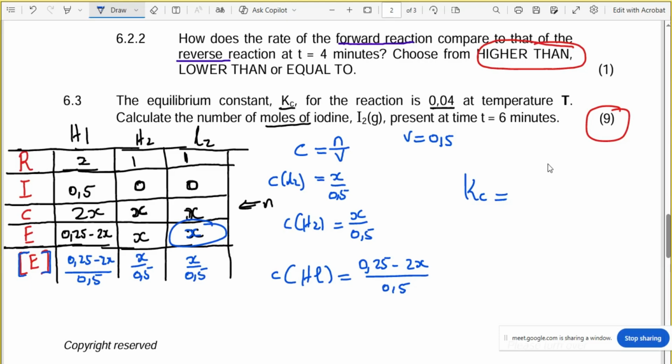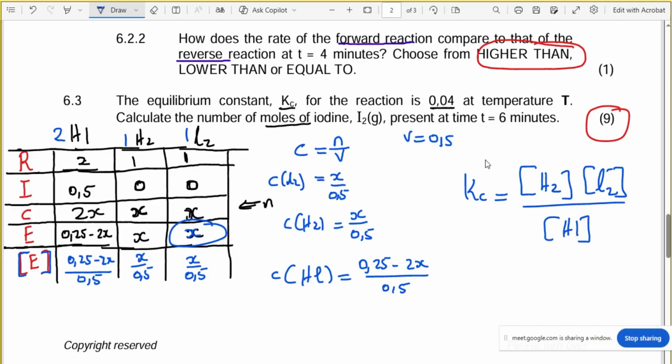So you're going to use the Kc and say that Kc is the concentration of the products over the concentration of the reactants. The ratios were 1, 1, and 2. So this is to the power 1, this is to the power 1, and this will be to the power 2. We take those ratios and put them as powers.